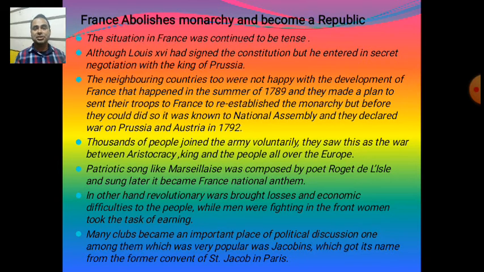Now, Persia, Austria, the Netherlands, Spain, these were some countries which were not happy with all this development in France, because in their opinion, such a transformation of monarchy to constitutional monarchy, and constitutional monarchy to republic, which is ensuring various rights and liberties to its citizens, its people, will surely attract the people of their own countries.